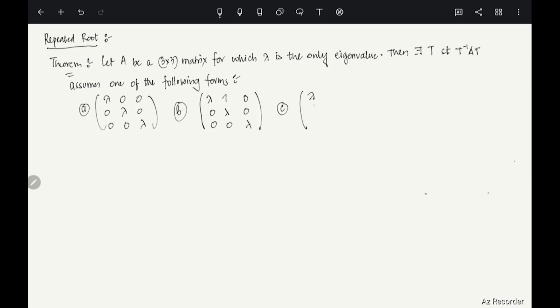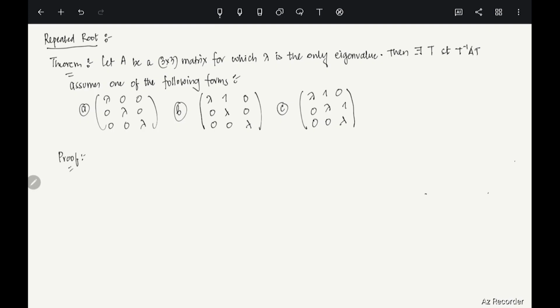So in all the cases, they are going to be triangular matrices, just different kinds of triangular matrices. The first one is of course the easy one, the diagonal matrix, and then this sort of matrix. So let's look at the proof of this.